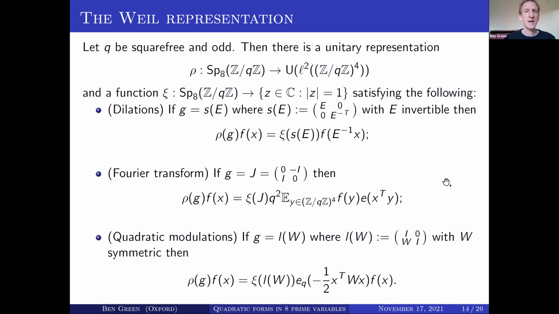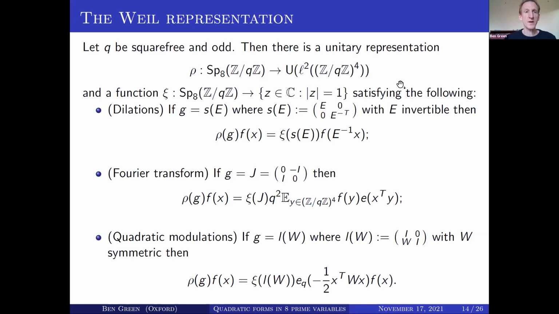Now, the existence of this is sort of, I guess this would be in the category of well known to experts. It's certainly well known if Z mod QZ is replaced by the reals, but actually in that case, it's not quite true. You have to lift the symplectic group to what's called the metaplectic group. It's also fairly well known when Q is a prime, and then it is an actual representation like this one.